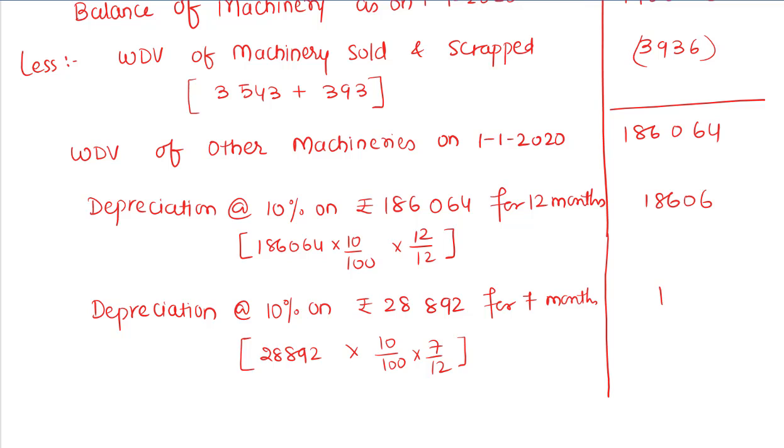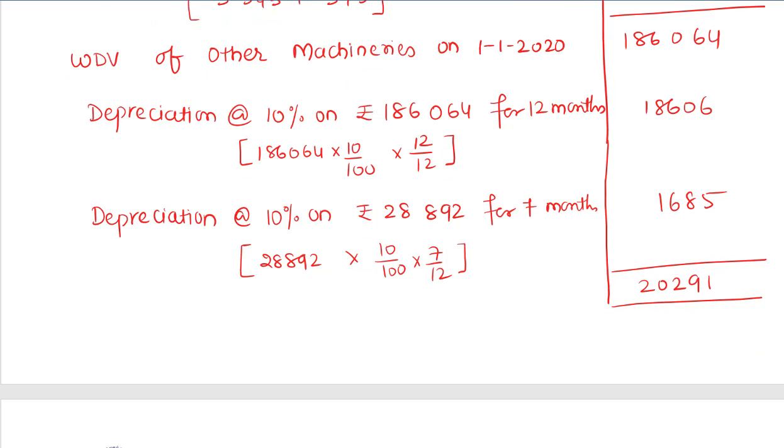This comes to 1685. So both the depreciation, 18606 and 1685, total 20291.